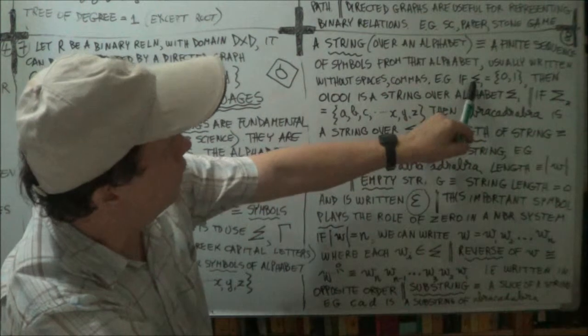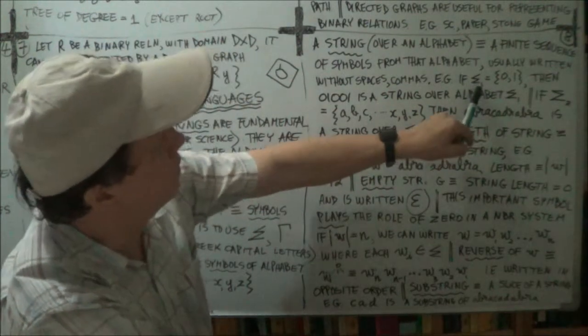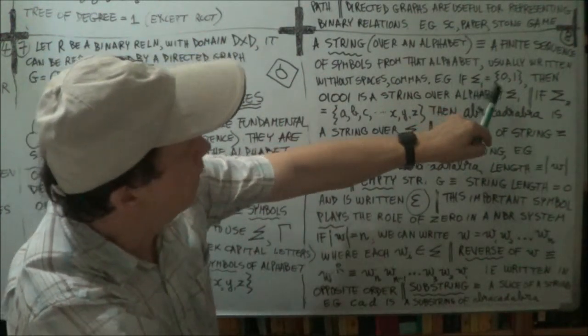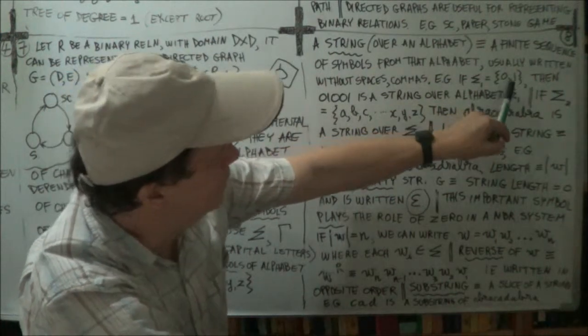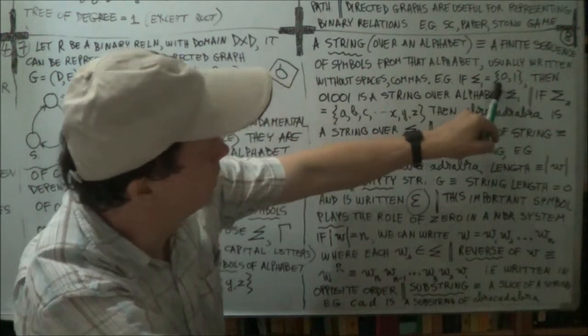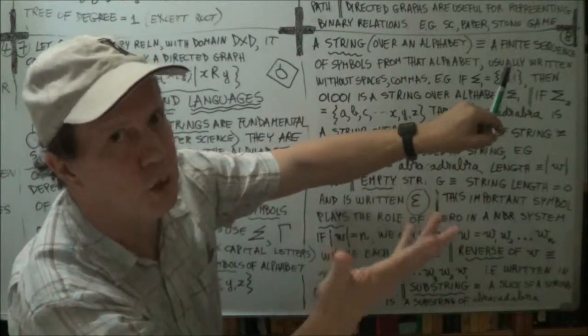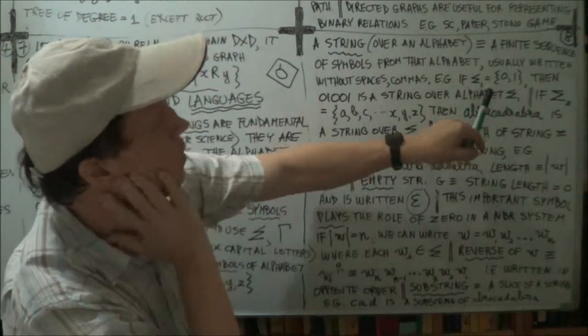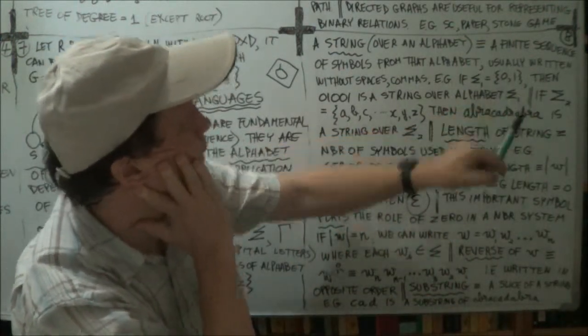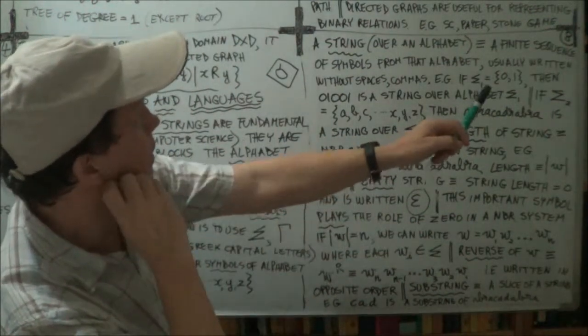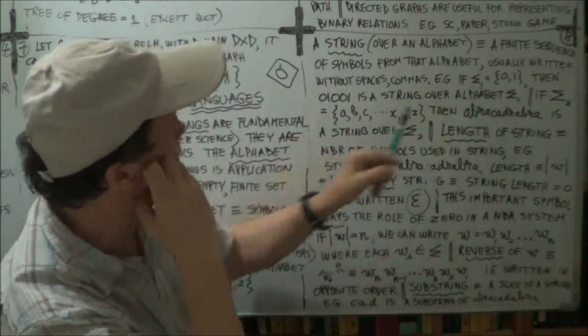So let me give you some examples. Say your alphabet is the binary alphabet, sigma 1, and here's your set of allowed symbols, 0 and 1. So your alphabet, that's the total of allowed symbols, is just the set 0, 1. A string using this alphabet, well, here's an example.